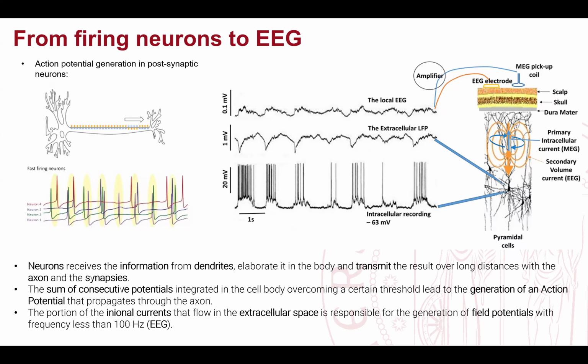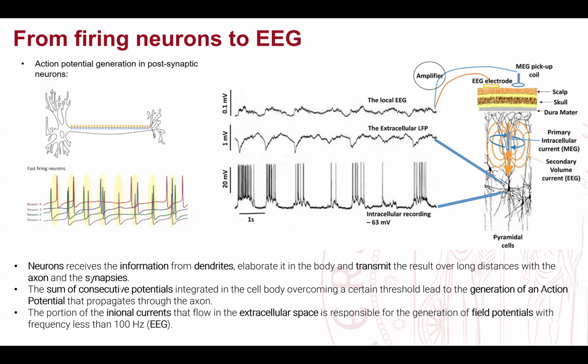Normally the field potential that we measure through the EEG channels has a frequency content lower than 100 Hertz. It is difficult to find something at a higher frequency, and this is normally due to this layer. The electrical activity can be at a very high frequency, because it is the frequency of the neuron spiking, which is very, very fast. But when the signal propagates, it encounters this layer, which can be seen basically as an isolating layer.